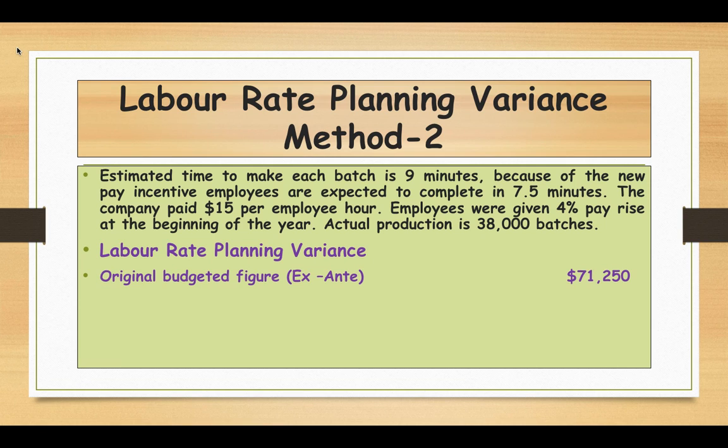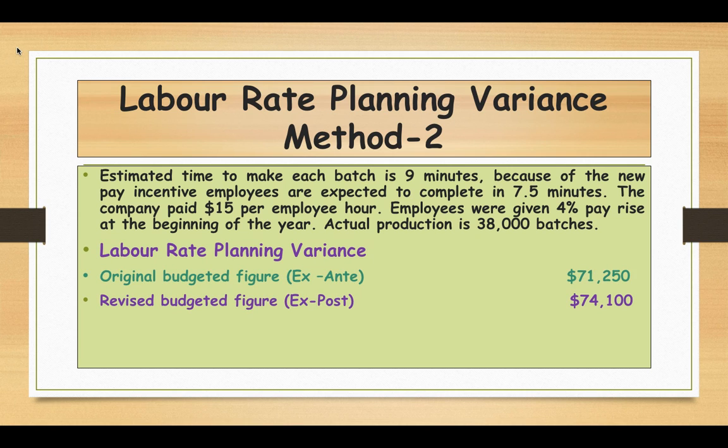That's our original rate per hour. So you will get $71,250. I'll quickly repeat that. 38,000 batches times 7.5 divided by 60 times by $15. So that is $71,250.